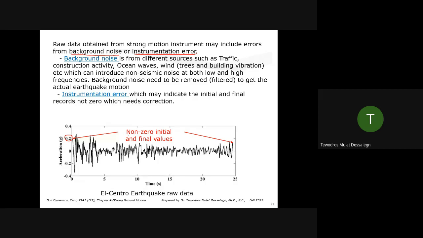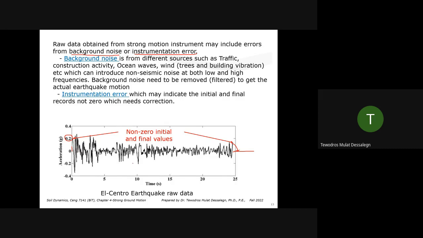You can clearly see that there are non-zero initial and final values. That's not what we want. When it starts, it must start from 0, unless something was occurring here. When it ends, we want it to be 0 also. It's over. So this shows you there is some noise, there is some error.